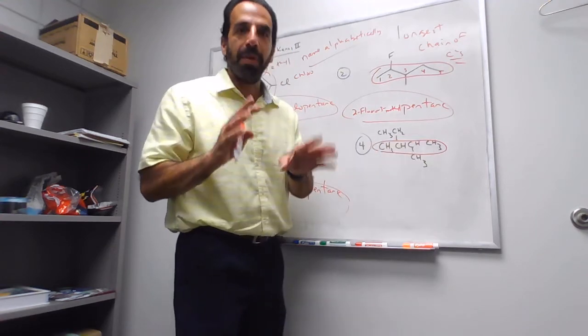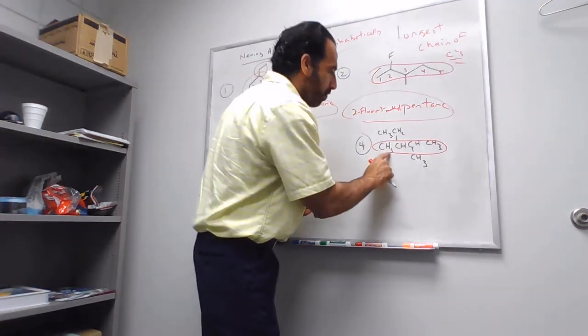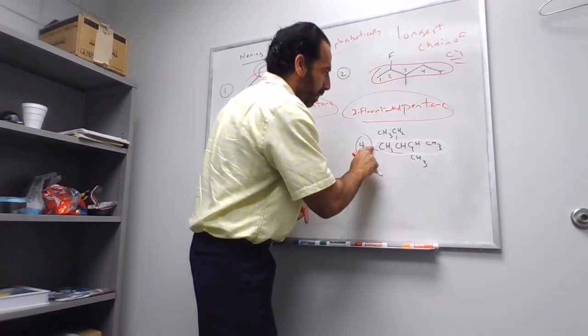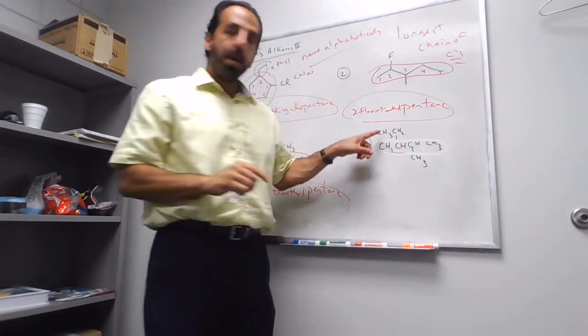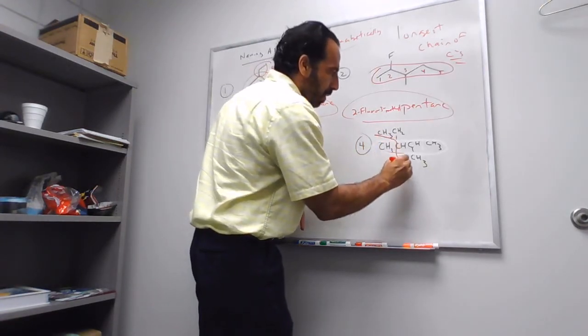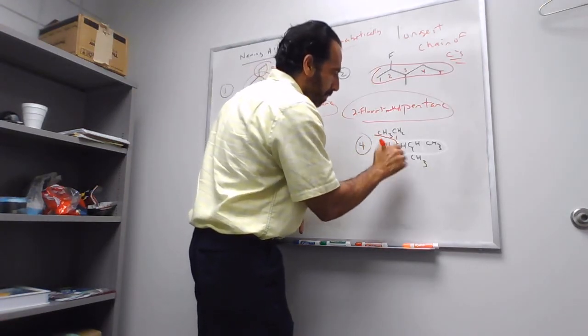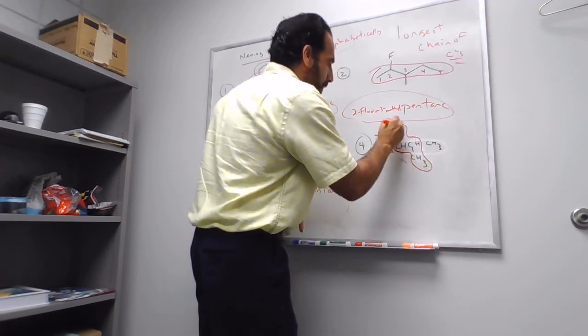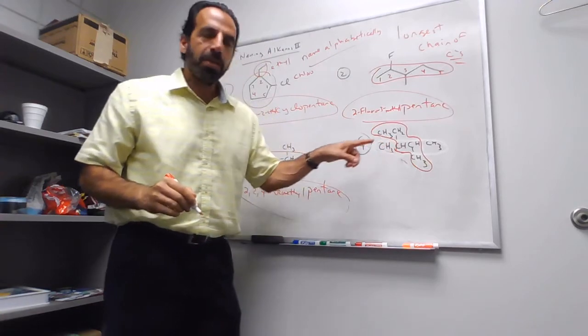I only have 4 carbons. That's not going to be the longest chain. Let me circle the longest chain for you. The longest chain is actually going to be this right here. That's the longest chain of carbons.